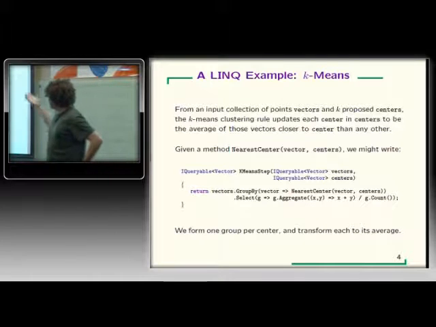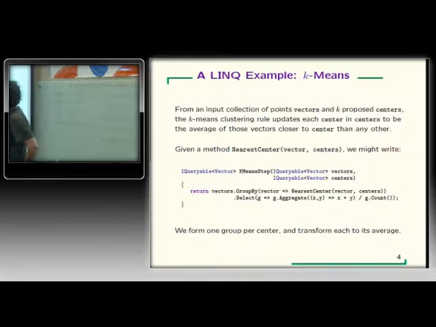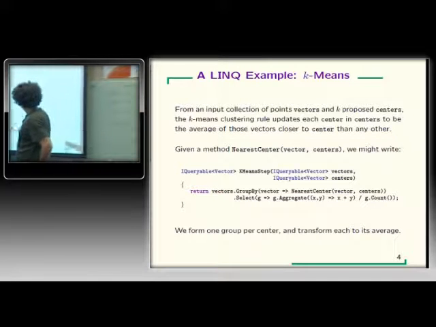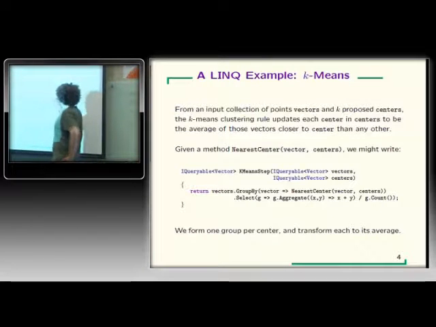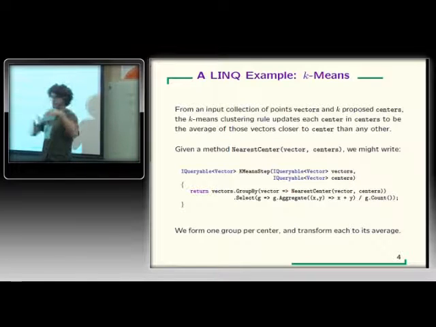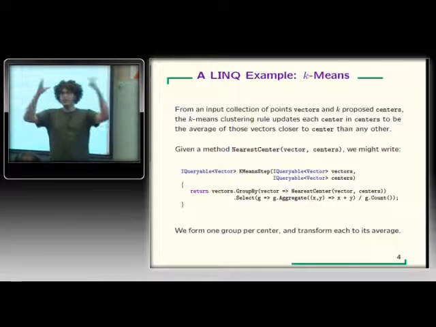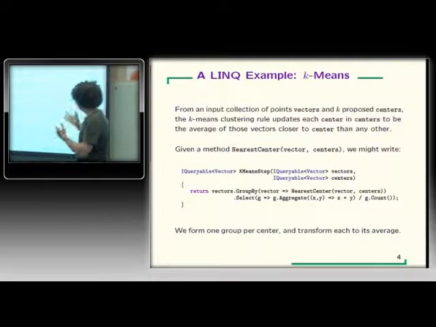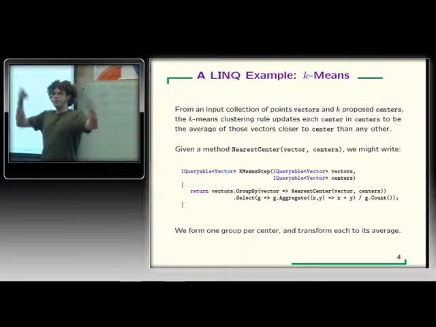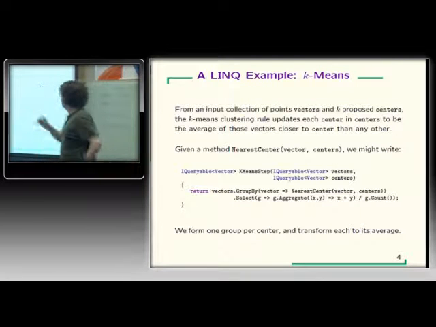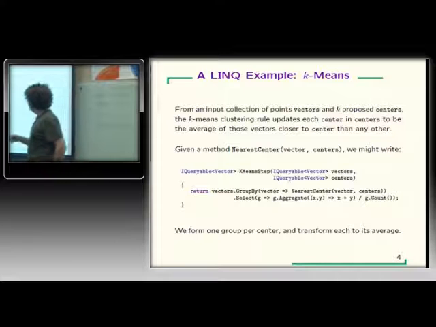But then, with access to this NearestCenter method, we can describe our update rule fairly simply. So we imagine a collection of vectors. These are the points in space. Some collection of this vector type that, again, we want to think of as being very large, millions or beyond, potentially unbounded. And then we have another list.